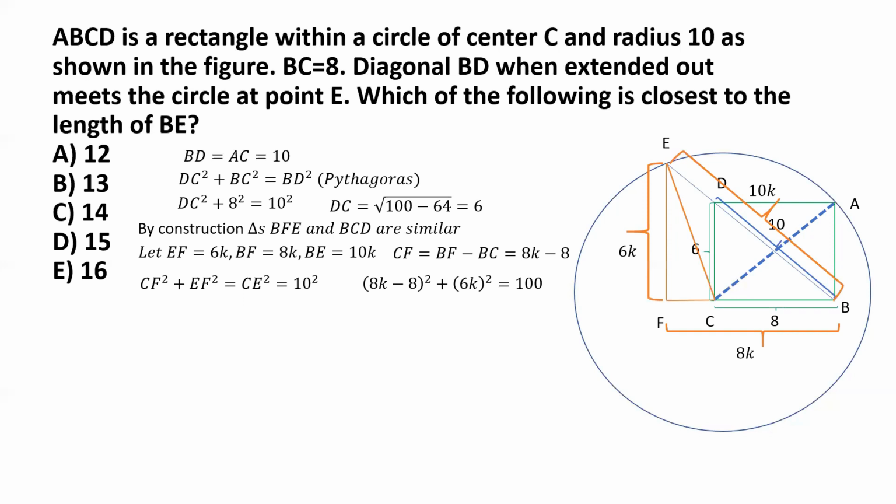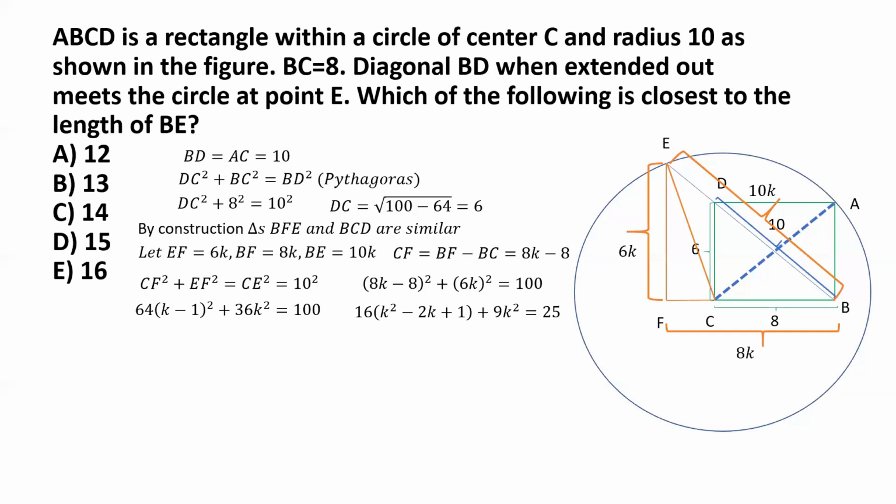so we can write (8K minus 8) whole square plus (6K) whole square is equal to 100. And now it comes to the matter of solving this quadratic equation. So we can write this as 64 times (K minus 1) whole square, within parentheses, and then (6K) square becomes 36K square, equal to 100. And if we divide both sides of this equation by 4, we get this, and we also expand out (K minus 1) whole square, so that's K square minus 2K plus 1.